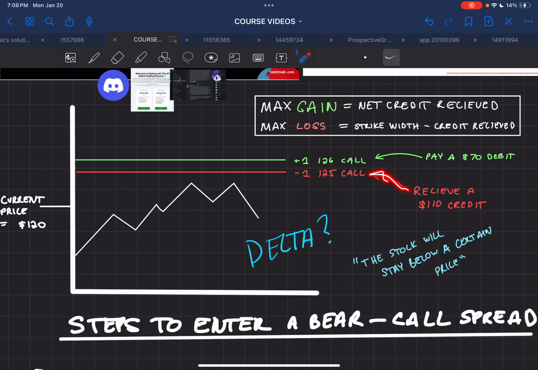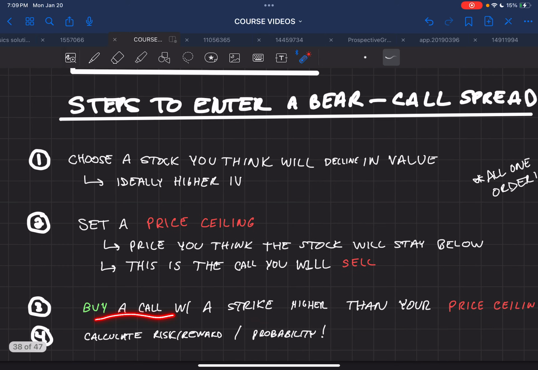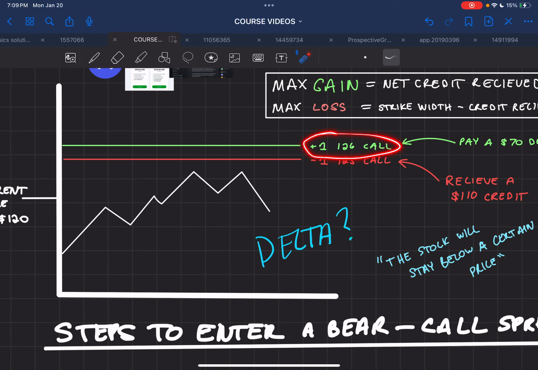And for selling that call, I receive, like money handed to me, a $110 credit. This is the strike price right here that by expiration, I think the stock will stay below. And then what I'm doing is step 3, which is I'm buying a call with a strike price higher than my price ceiling. So in this case it is the 126 call.